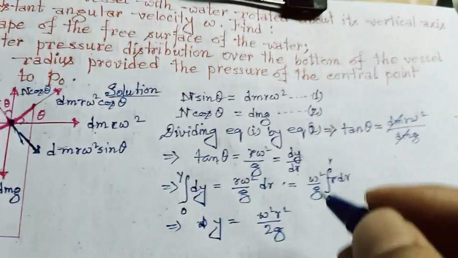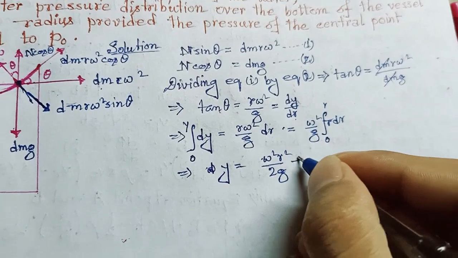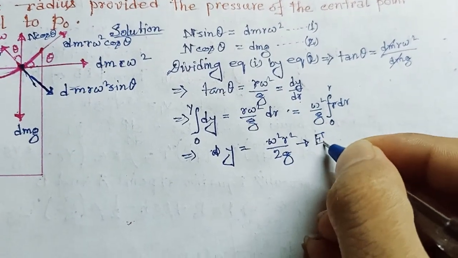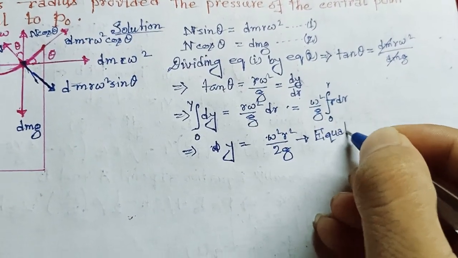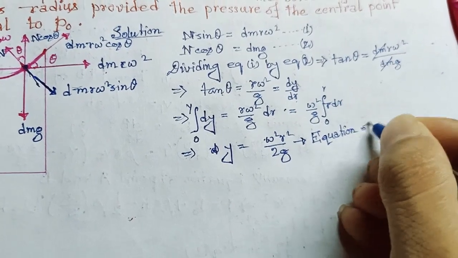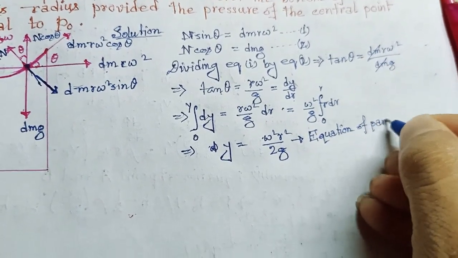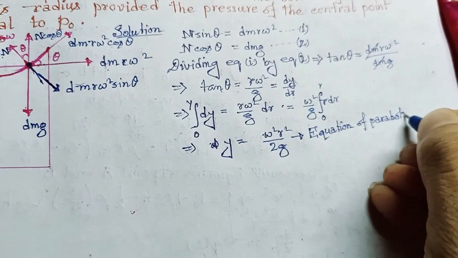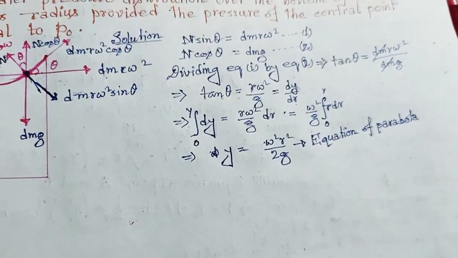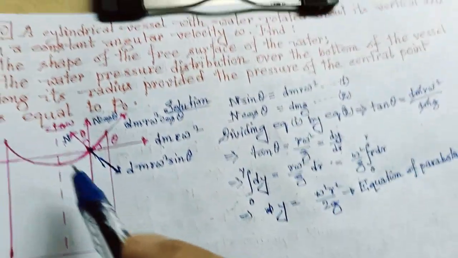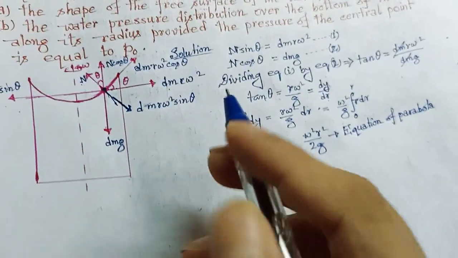This equation shows an equation of parabola. So the upper surface of this curve will be a parabolic curve.